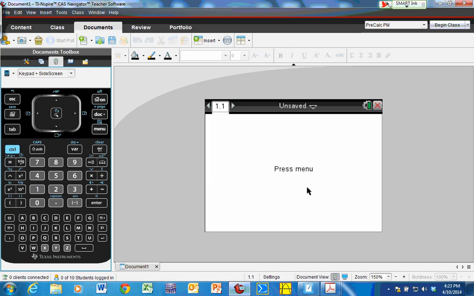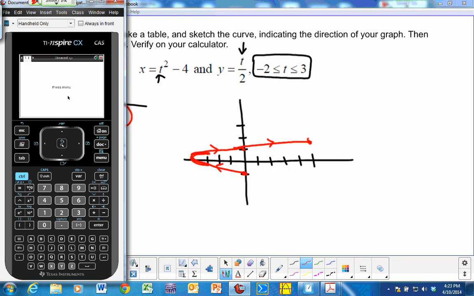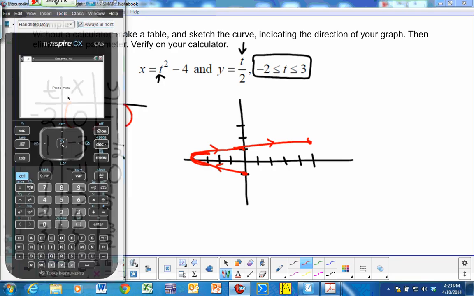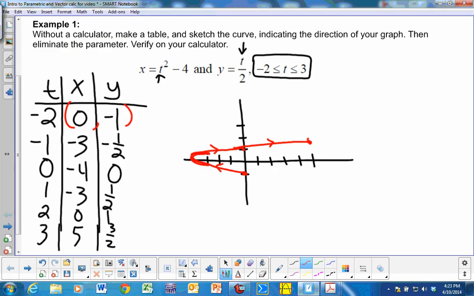So let me get this out of the way here. All right, so if you look at it carefully, you can see that it does look kind of like a parabola on its side. My graph is really yucky because of this big fat pen, but it does look a bit like a parabola turned sideways.